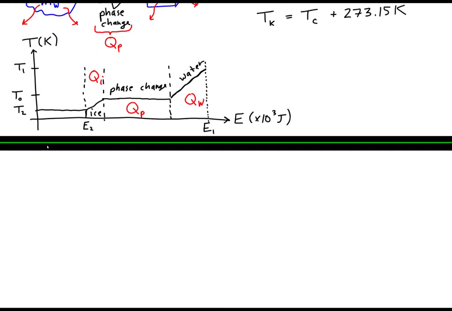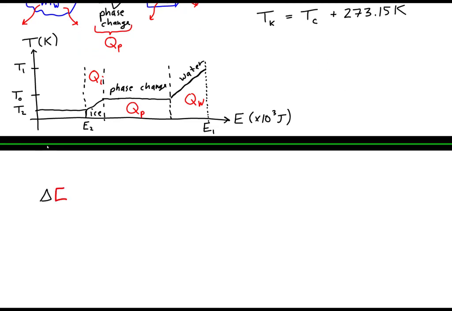So to calculate the total energy that has to be lost, in other words, the change of energy for our water transitioning to ice, that is going to be QW for the water, plus QP for the phase change, plus the heat lost as the ice cools to its final temperature.